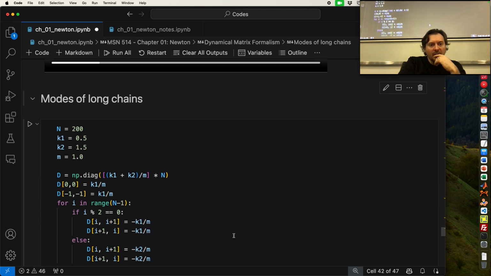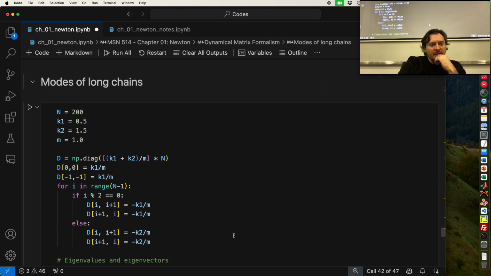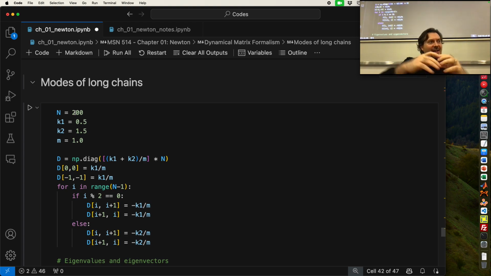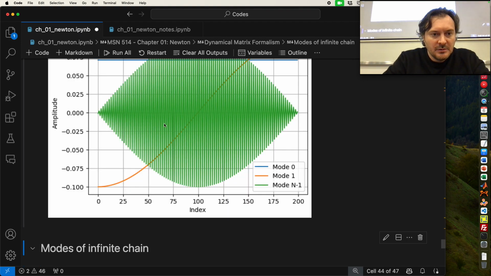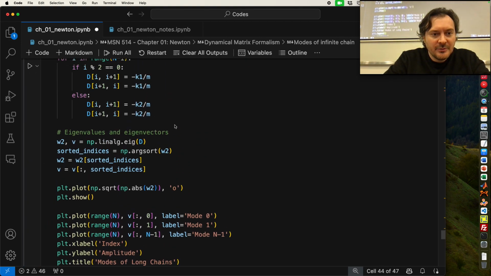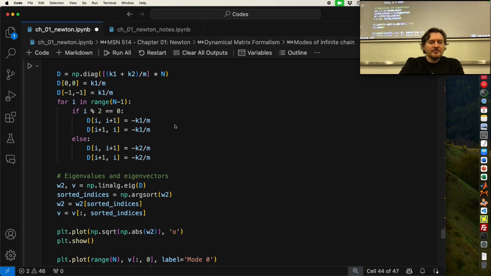Okay? Okay, let's look at modes of long chains. Now I'm talking 200 atoms, let's say. And let me go back to 1.0, 0.5. Everything for a reason. Yes, we are playing, but we are also learning, hopefully.